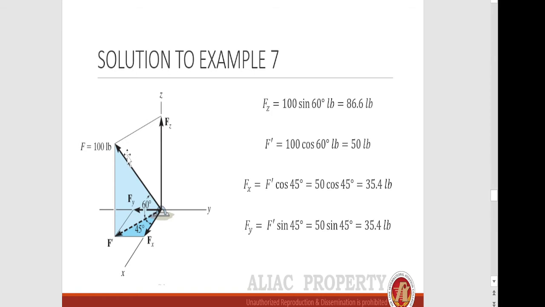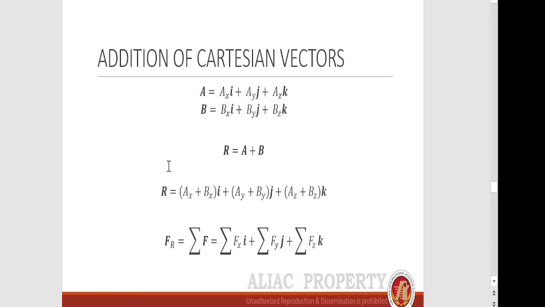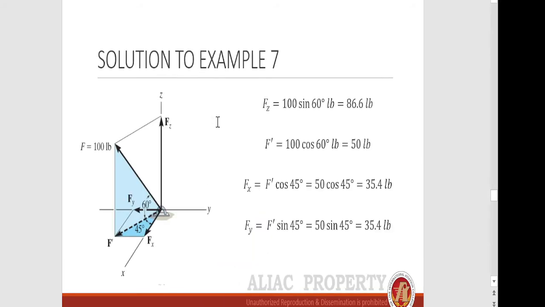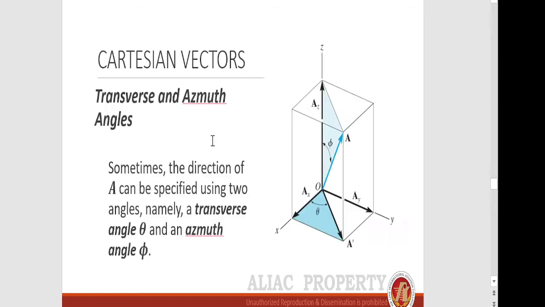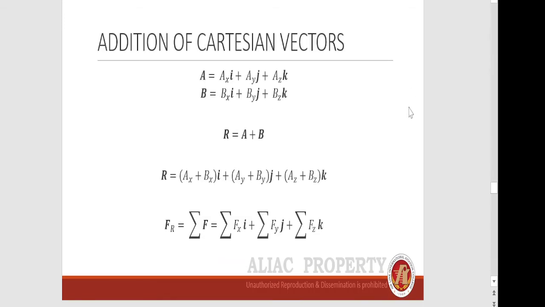So by using this diagram and the formula that we have here, Fz equals to F sin 60, which is 86.6 pounds. Just substitute the values that you have, comparing with the drawing. This will be your basis for your computations if you are confused solving by yourself.